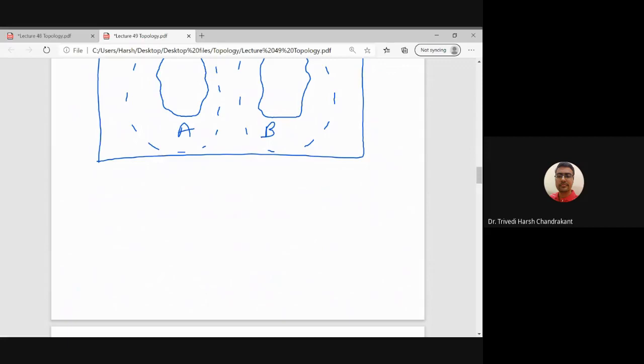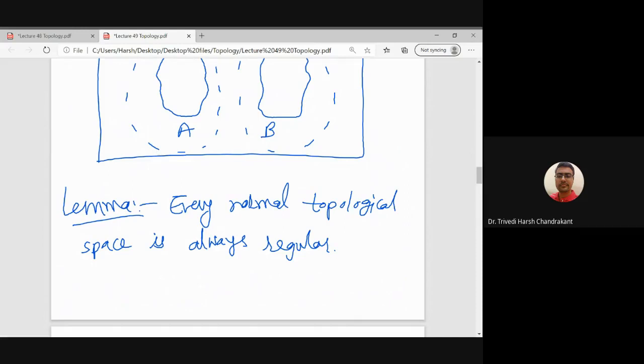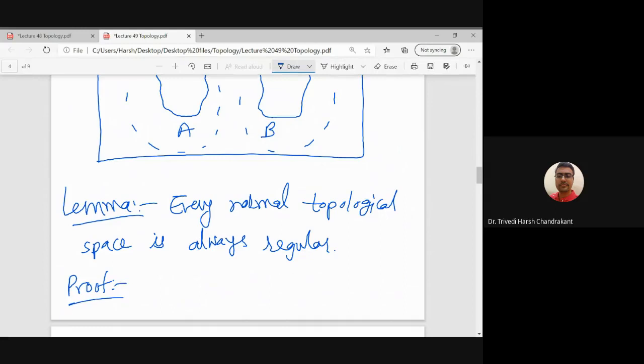Right. So let us write that in the form of a lemma: every normal topological space is always regular. And the proof is a bit simple.